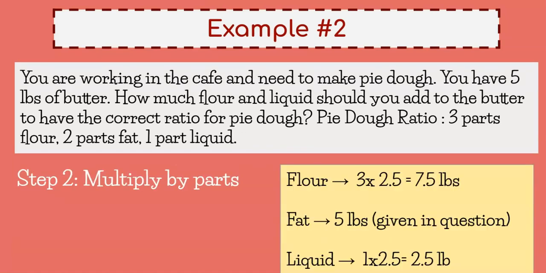So you need 7.5 pounds of flour. We already have the amount of fat. Then we multiply 1 by 2.5 because the part of liquid was 1, and the part amount was 2.5, so we need 2.5 pounds of liquid. I hope that makes sense to you.